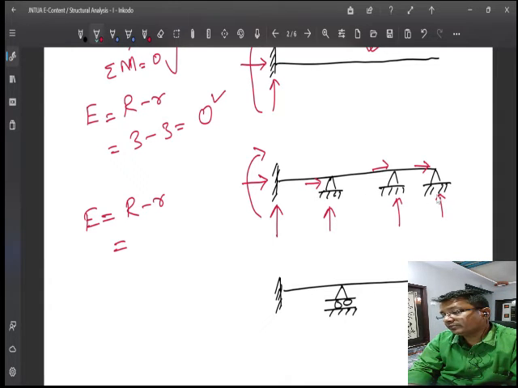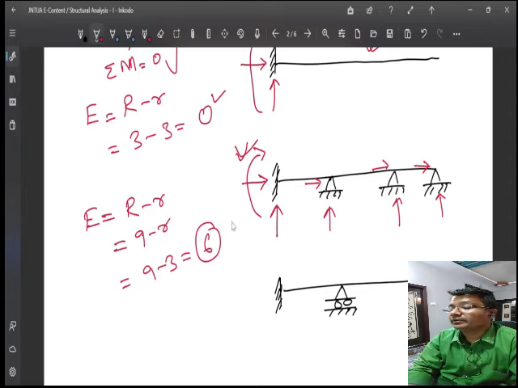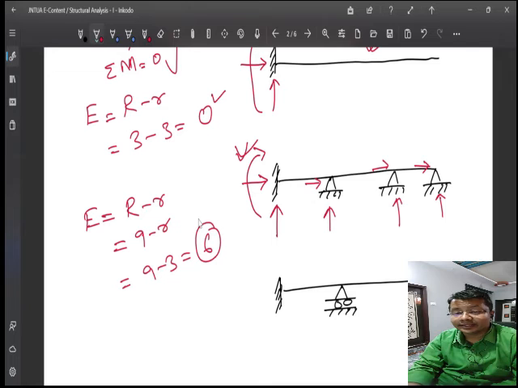So 3 plus 2 plus 2 plus 2, it is 6 plus 3 is 9, minus 3, that becomes 6. So the degree of external indeterminacy is 6. It means that we need another 6 equations in order to solve this. Or sorry, not equations, 6 forces are extra, which cannot be determined directly by using the equations of equilibrium.